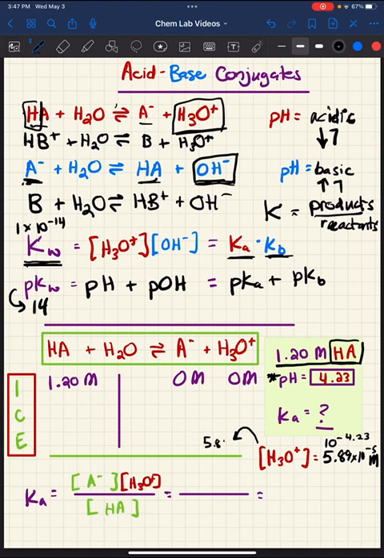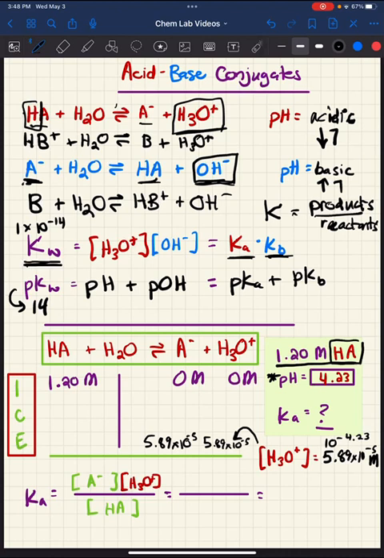So we'll just say it's 5.89 times 10 to the negative 5. If every one of those H atoms came from the weak acid, then that must also be the concentration of the conjugate base because it broke apart into those two ions. All right, so that's a starting point.